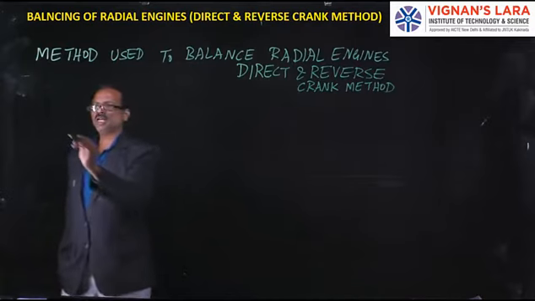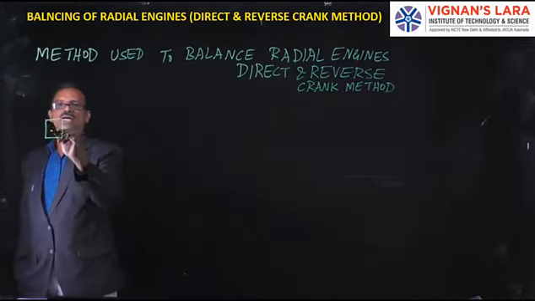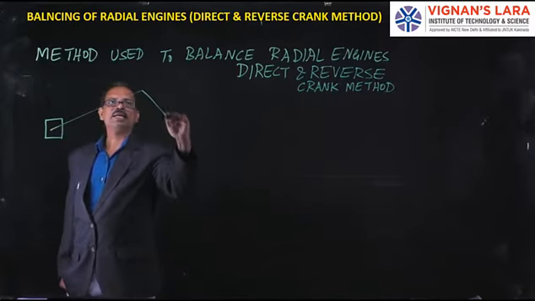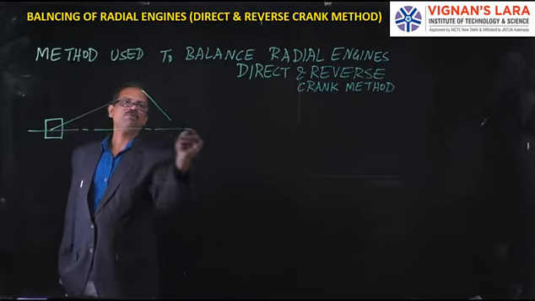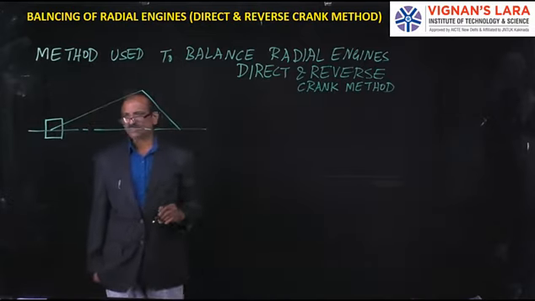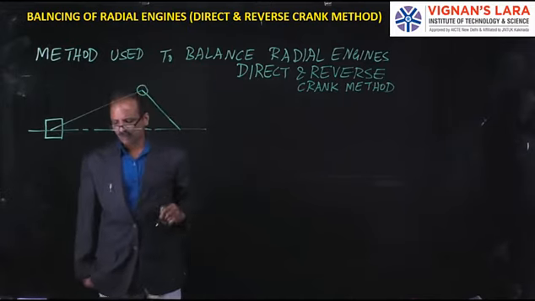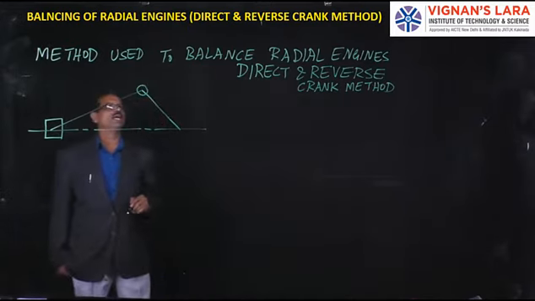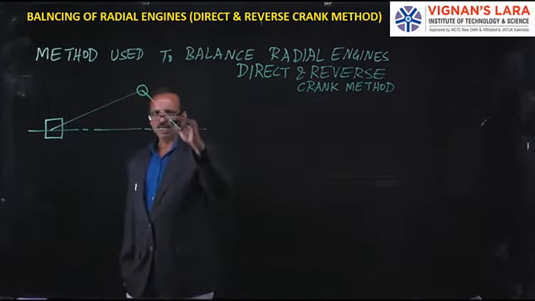You are aware there is a piston, connecting rod and a crank. This is our basic diagram for any IC engine mechanism. Till now we assumed the mass m is connected to the end of the crank.